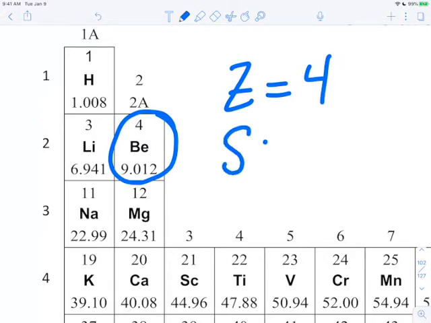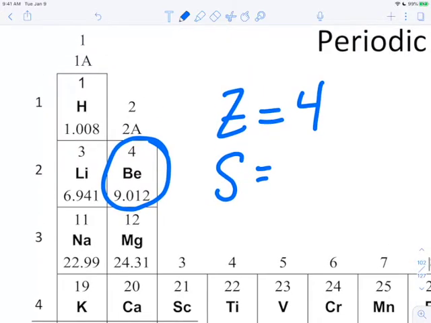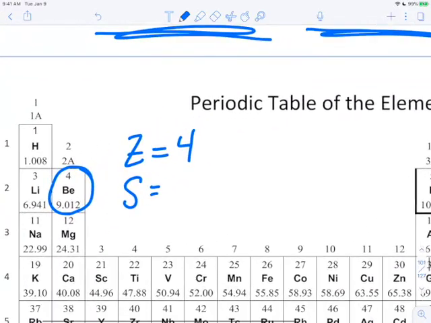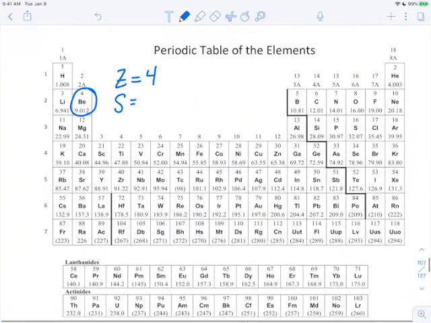All right, so next we need our screening constant, which is going to be our core electrons. You can use either method we talked about, but how many core electrons does beryllium have? All right, excellent. So I'm seeing 2 right here. So which method did you guys prefer?